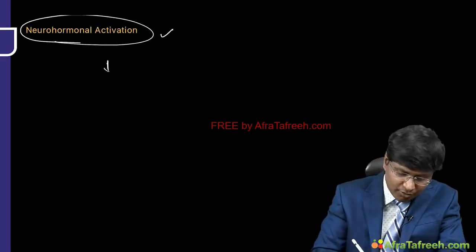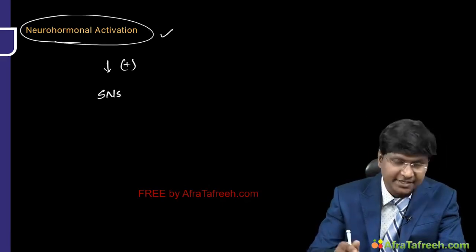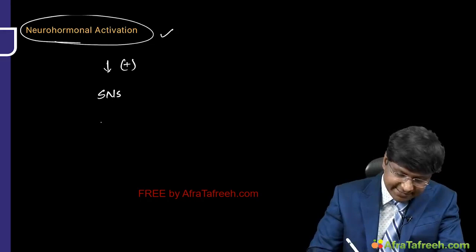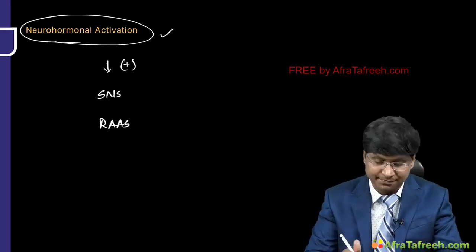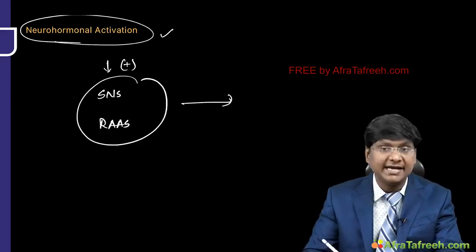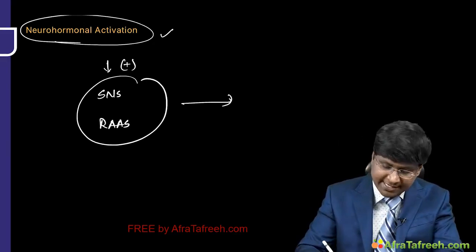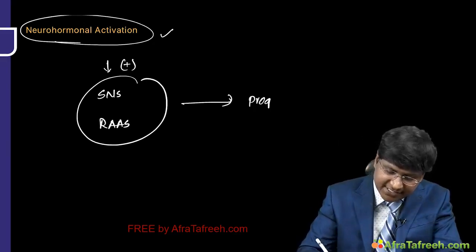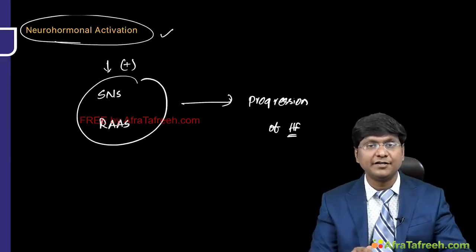In this neurohormonal activation, there is activation of the sympathetic nervous system and of the renin angiotensin aldosterone system. These two play a critical role in the development as well as the progression of heart failure, right?